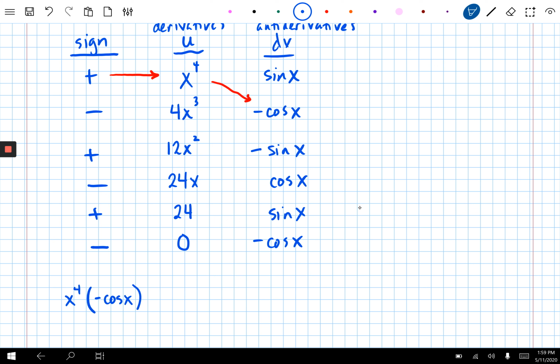And then I'm going to go minus, because the next thing is minus, straight across and then down. So minus 4x to the 3rd times negative sine of x. Let's put the rest of my red arrows in here.